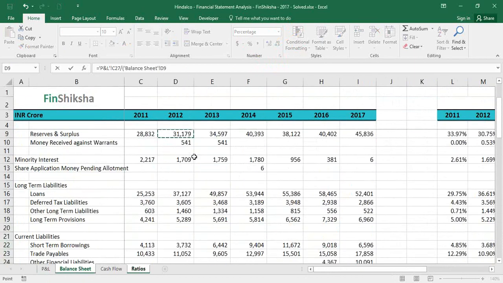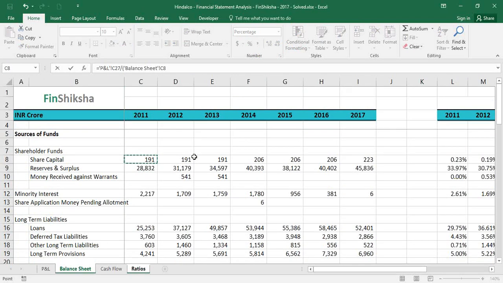shareholders' equity, which is share capital plus reserves and surplus plus warrants plus any minority interest, anyone who has a stake in the firm, because this may not have been removed by now, plus the loans that the firm has. Now, in the context of loans, we could choose to use long-term as well as short-term.